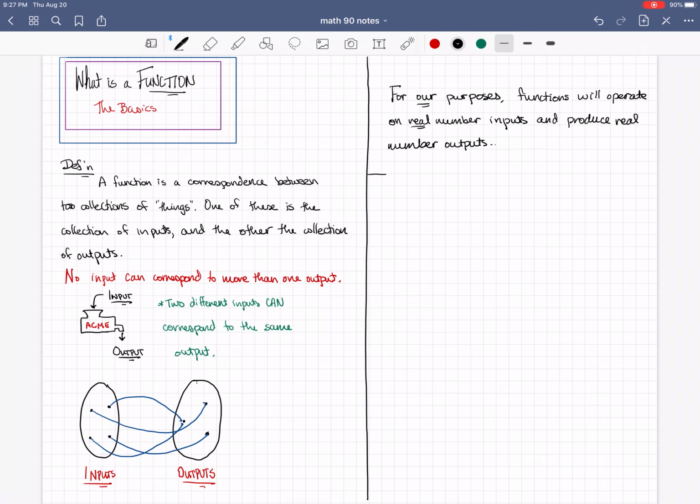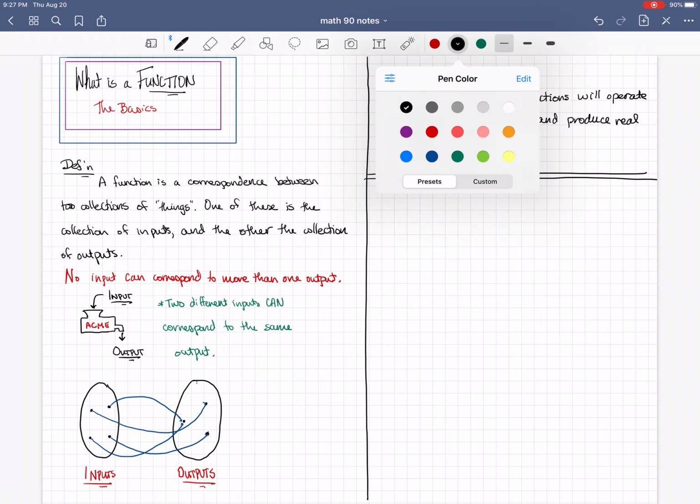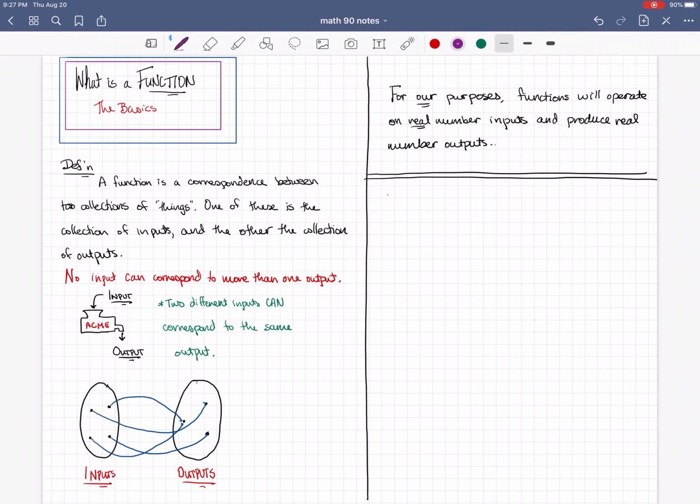But just before we leave that arena, just for fun, I'm going to write this in a different color, that's pink purple. Just for fun, what do you think? Is this a function?